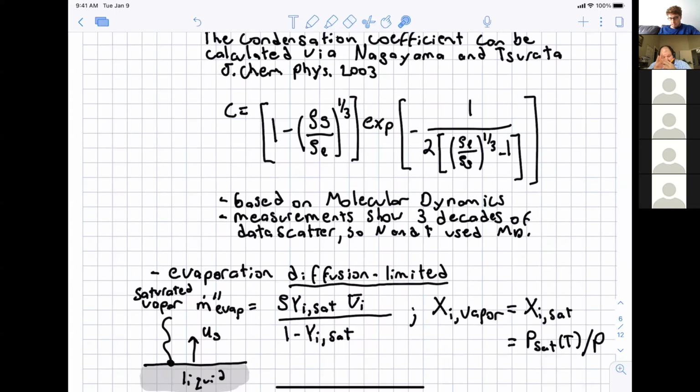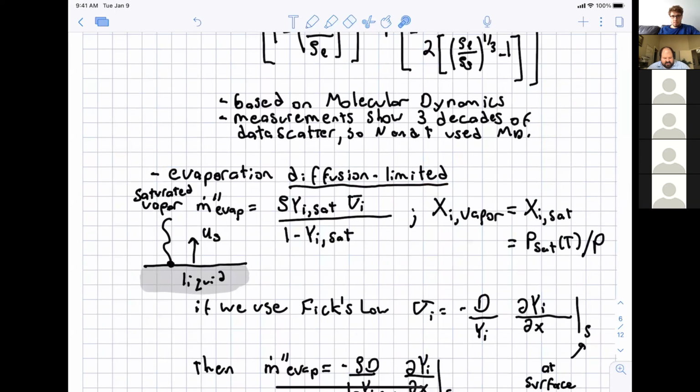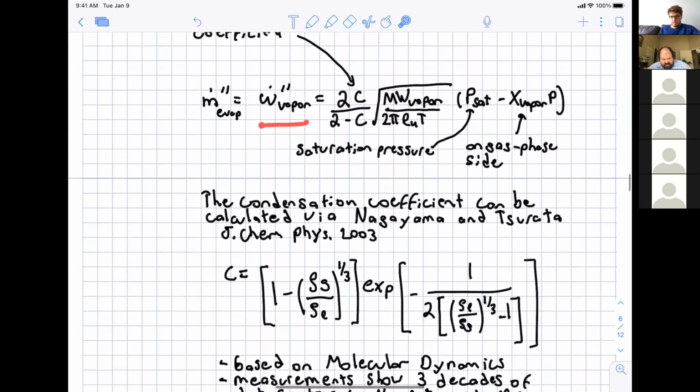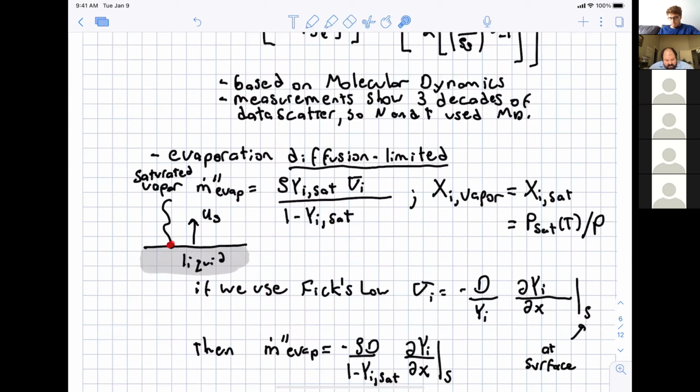Another way of handling evaporation is to assume it's diffusion limited. And we're going to go into much more detail on that assumption later on. But the crux of that assumption is rather than using this expression here to compute the production rate of the vapor, we instead assume that the mass fraction of the vapor on the surface is always at the fully saturated conditions.